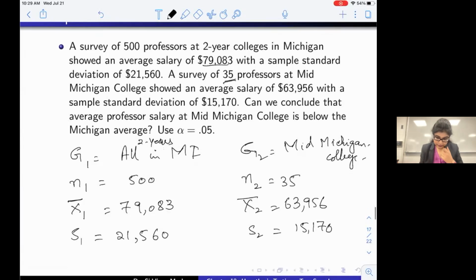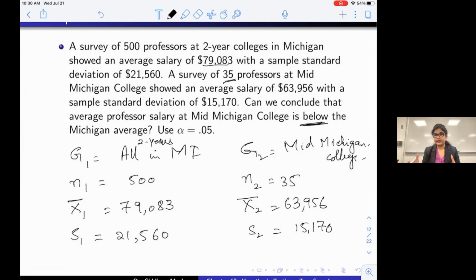Now you have to conclude whether the average professor salary at Mid-Michigan College is below. It means Mid-Michigan College was my group 2. So mu2 is below, meaning less than all 2-year colleges in Michigan. So mu2 is less than mu1.